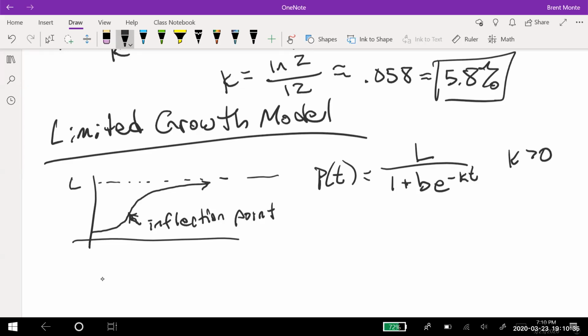All right. Let me show you something about this real quick because we're going to use this. This piece right here. Consider B e to the negative KT. What that really means, that negative exponent moves it to the bottom, but it only applies to the E, it doesn't apply to the B. So I can rewrite that this way.